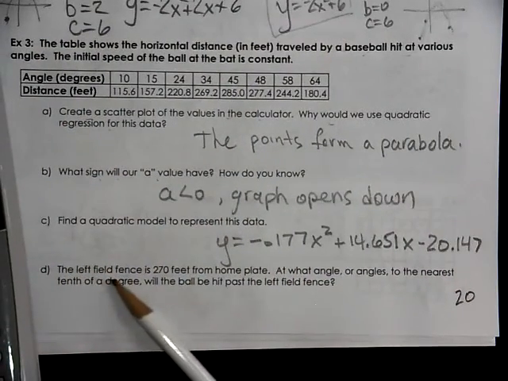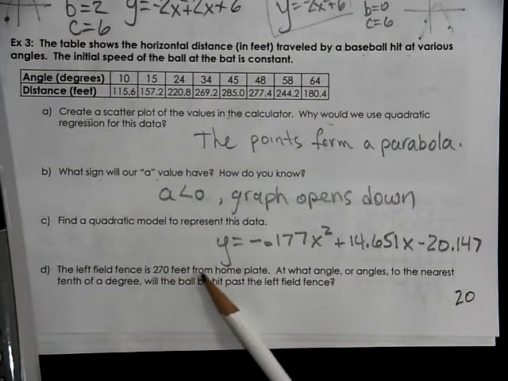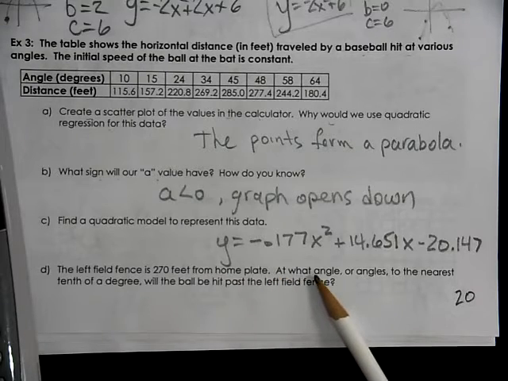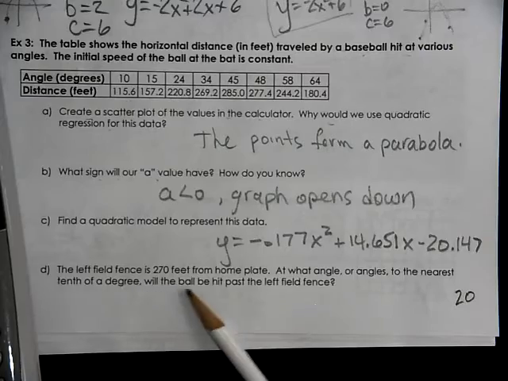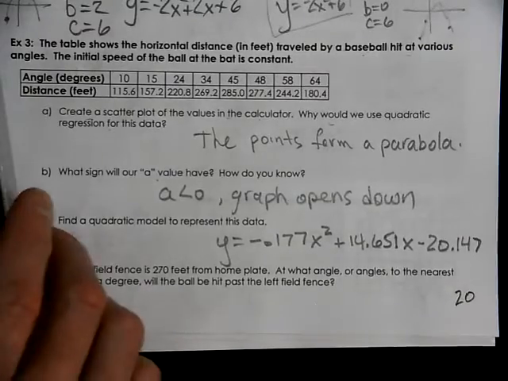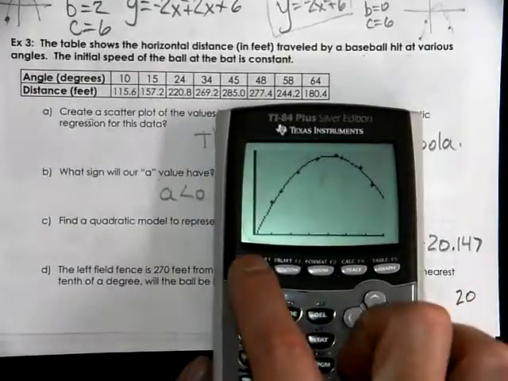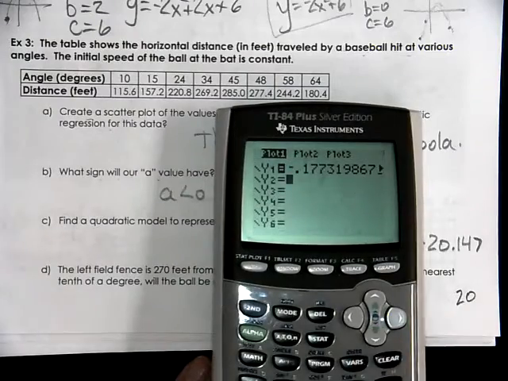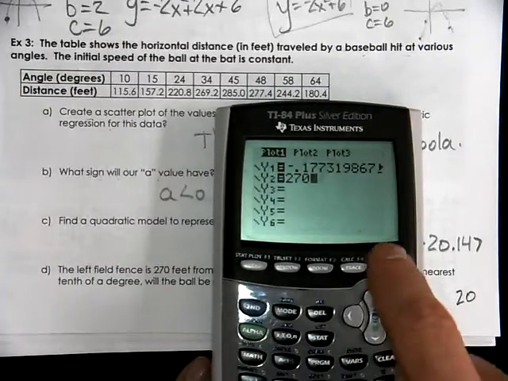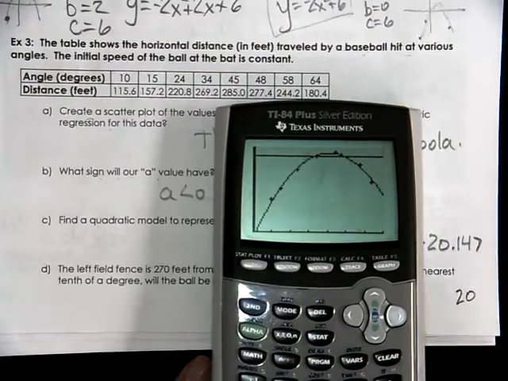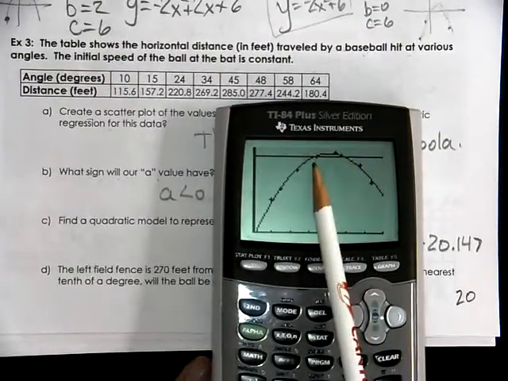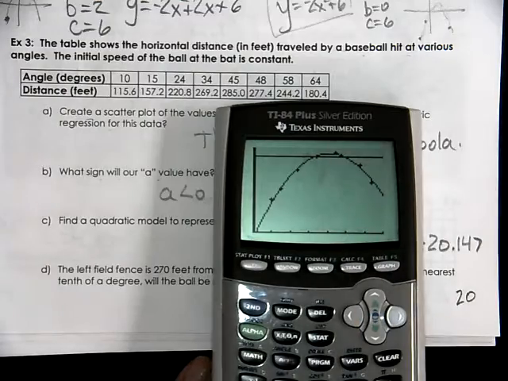Now what we want to know, the left field fence is 270 feet from home plate. At what angle to the nearest tenth of a degree does the ball have to be hit? So we want 270. So that's the two x values that represent the angle.